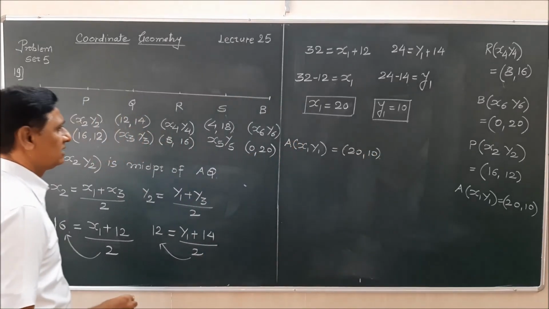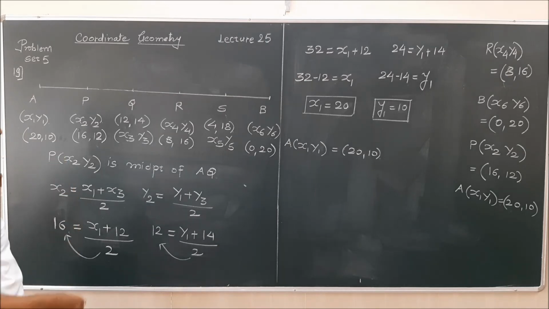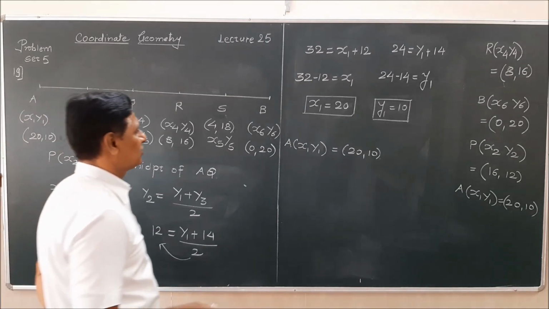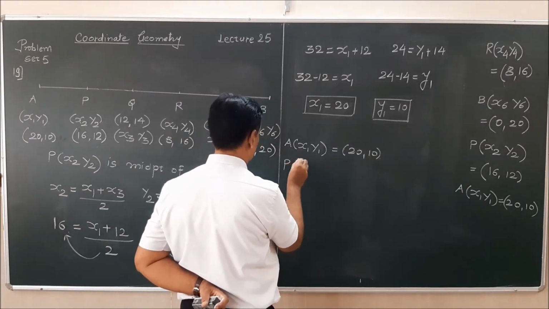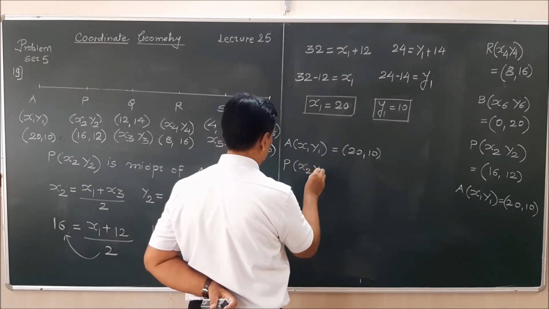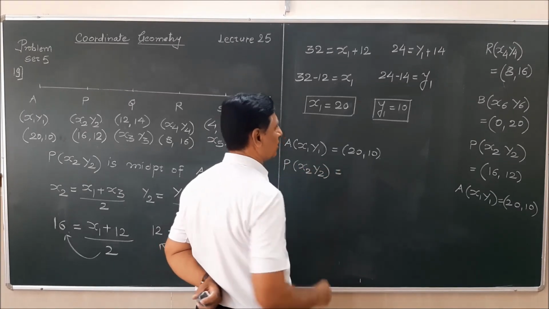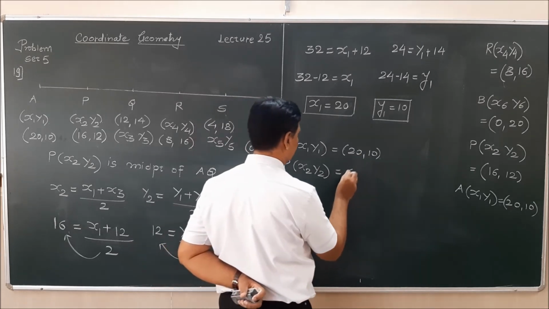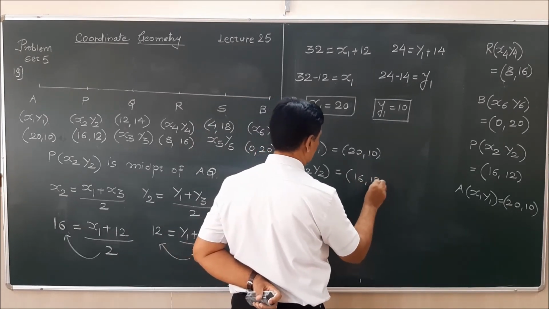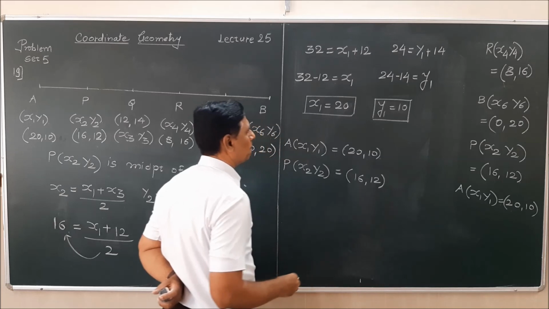Then the coordinates of P (x2, y2) are 16 comma 12.